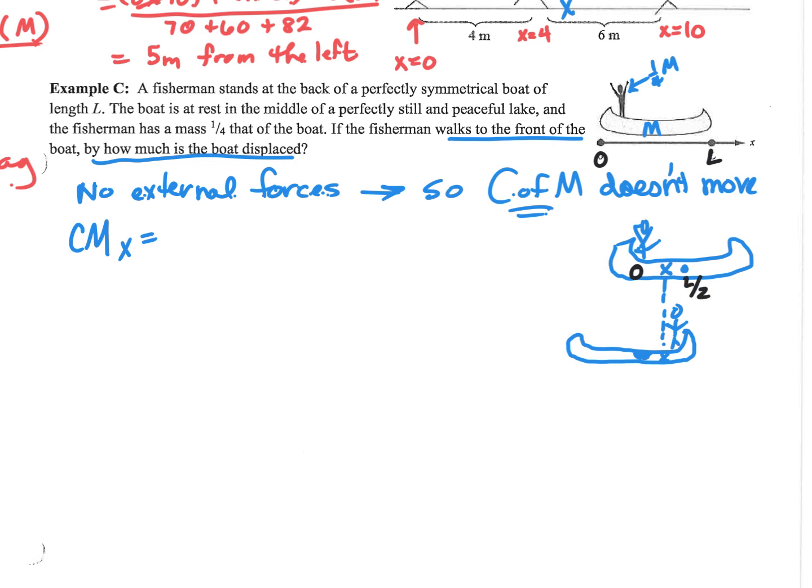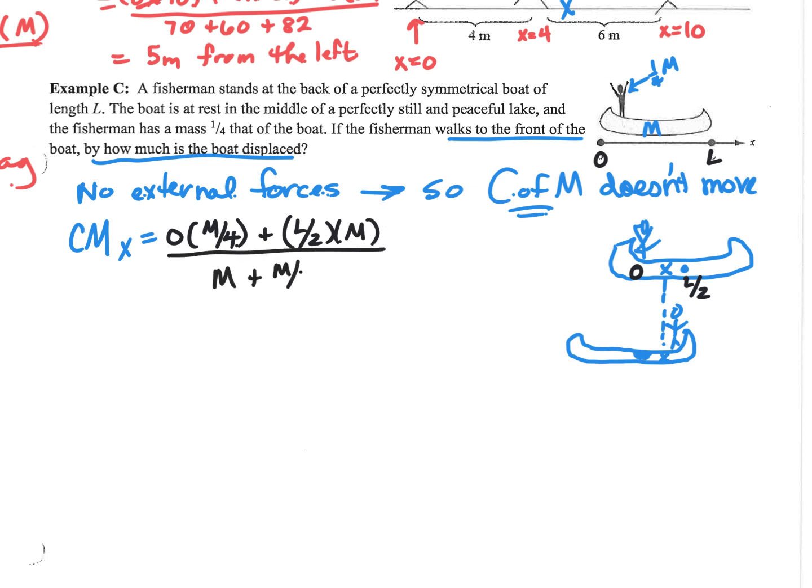So we have a location of 0, m over 4, plus, let's do this the right way, the boat's position, which is L over 2, times m, all over total mass, which is m and m over 4.